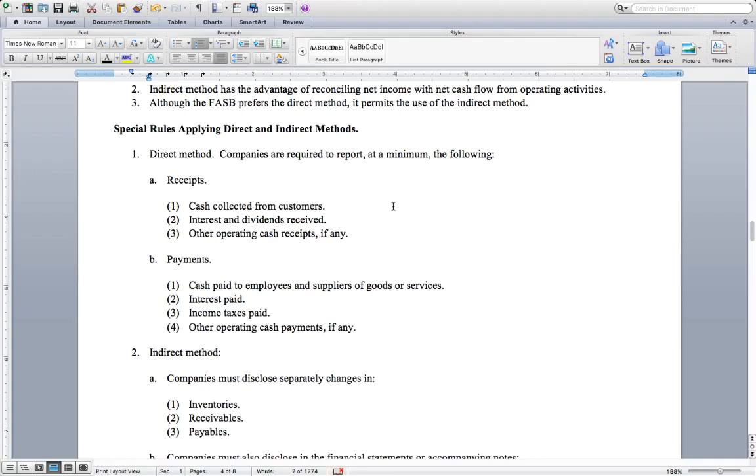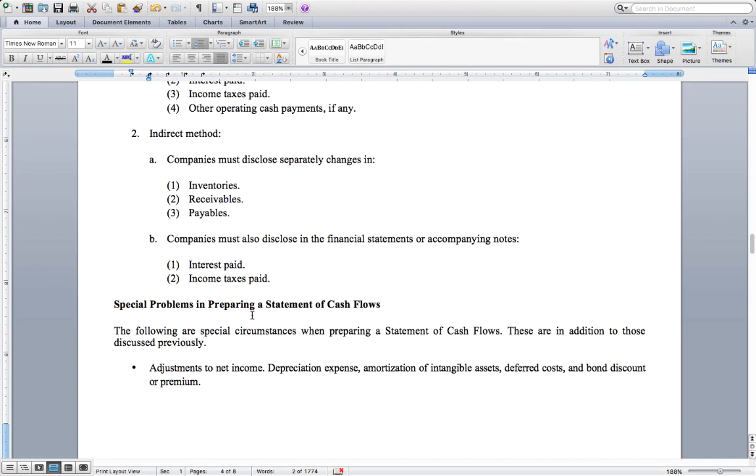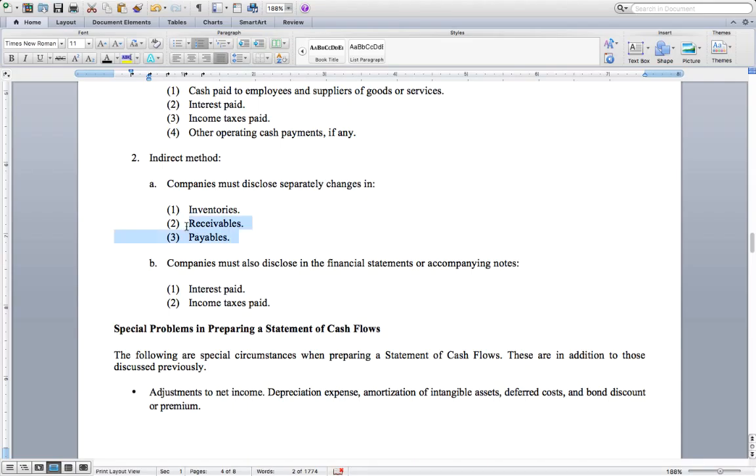Special rules when applying these methods. These essentially just outline the things that companies are required to report when they're doing their statement of cash flows. We will focus on indirect, so receivables, inventories, and payables. These are three things that, for sure, in every example you will need to account for in your statement of cash flows.